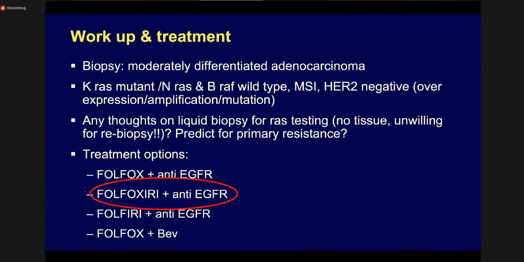So if you're aiming for conversion, and in your heart you think, as a young person, then a triplet could be in order along with the EGFR. Well, I like to discuss, and if the patient is fit, why not triplet and anti-EGFR?